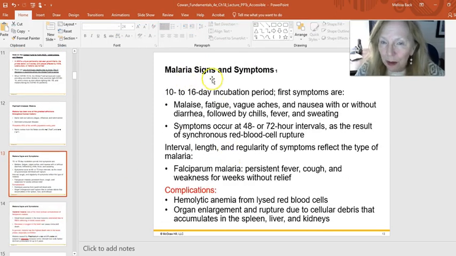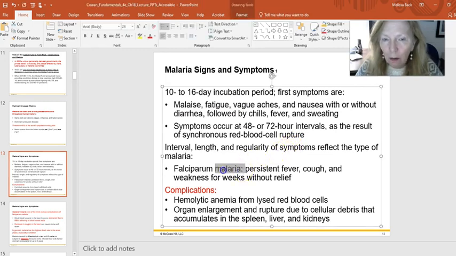You can look through some of the signs and symptoms of malaria and what it does, but I think when we look at what is causing it and the progression of that protozoa, what it takes for its life cycle, you would see why these signs and symptoms are occurring.